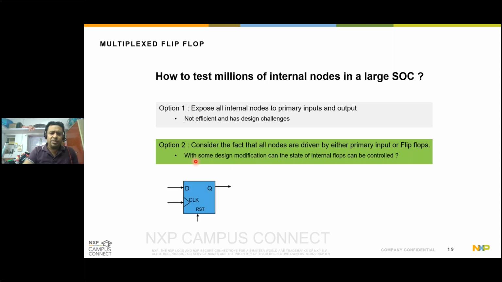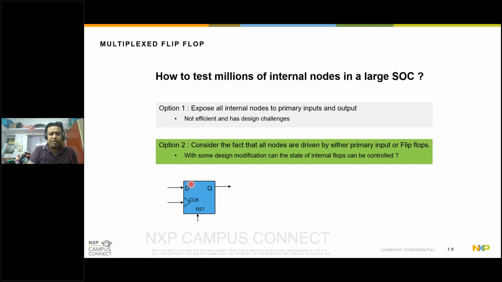So consider a simple D-type flip-flop having a D input, clock input, Q output, and a reset. In normal operation, this flop would be getting some response from an internal gate, or another internal flop, or a primary input, right?